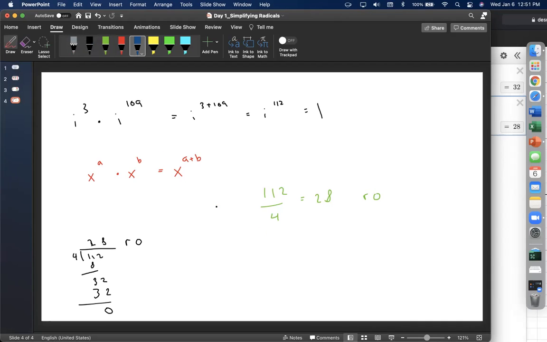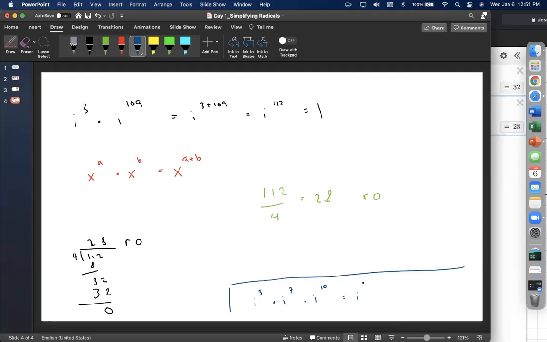As a side note, I could have something like i up to the 3 times i up to the 7th power times i up to 10. What you would do is add all 3 of the powers.